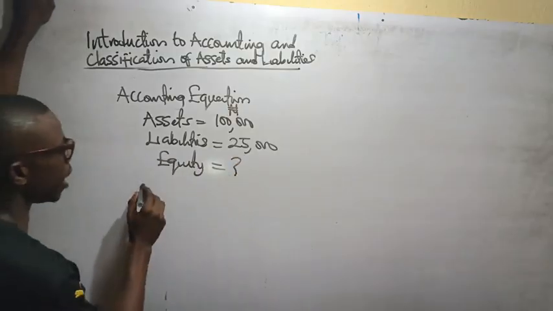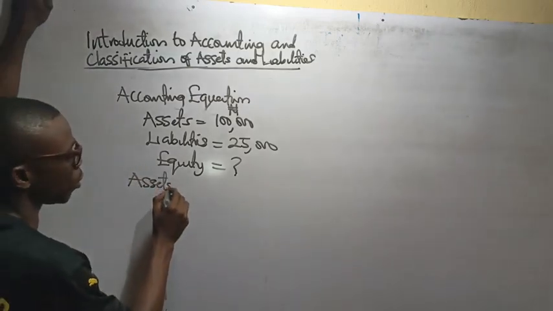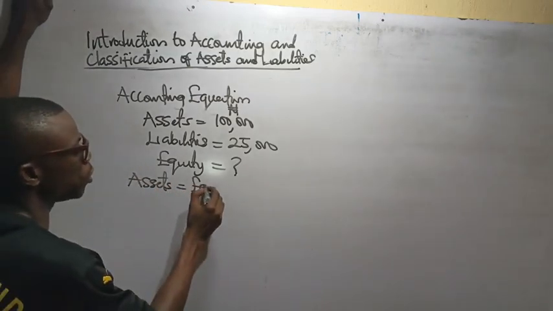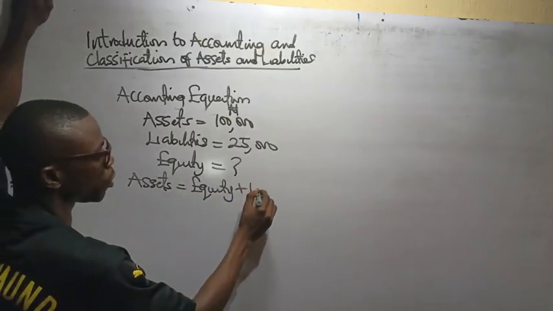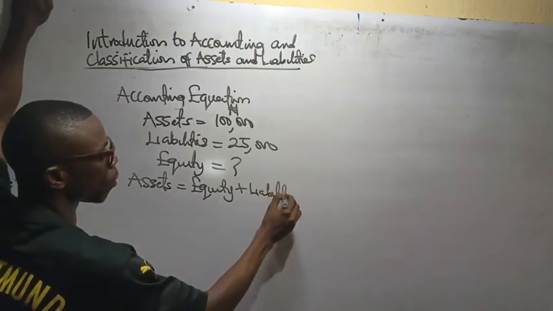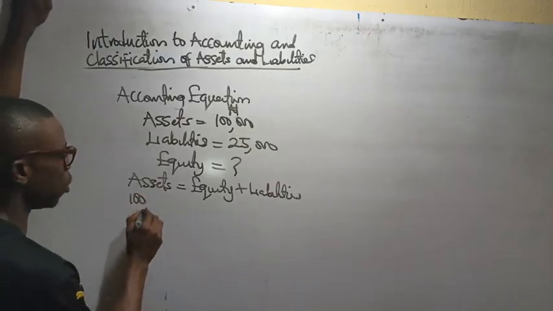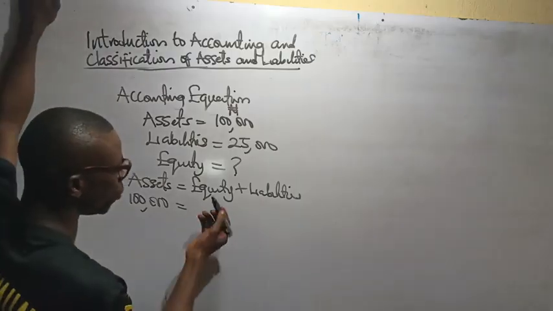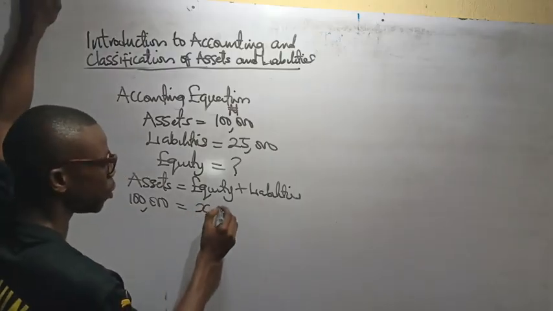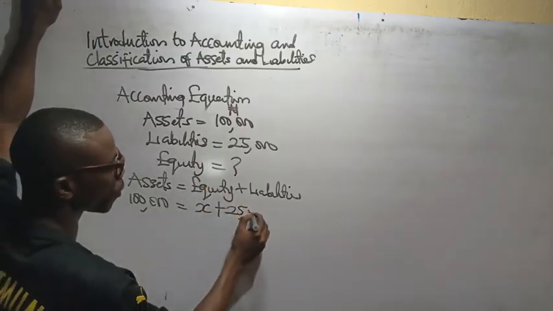So you just go to the accounting equation, which is asset equals equity plus liability. So your asset is 100,000. Your equity we don't know, so let's let equity be X. Liability is 25,000.